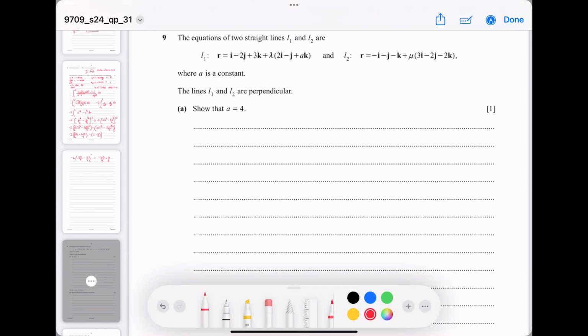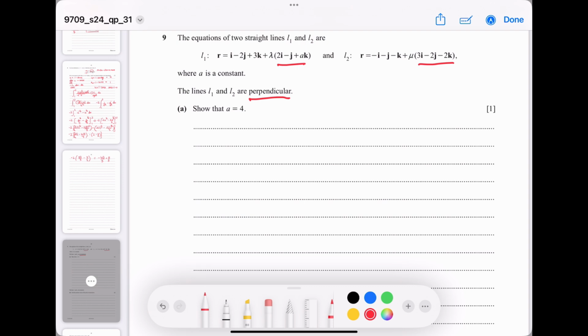So question 9. If the lines L1 and L2 are perpendicular, we're going to focus on the directional vectors, and we would find that the scalar product of those would be 0 if they're perpendicular.